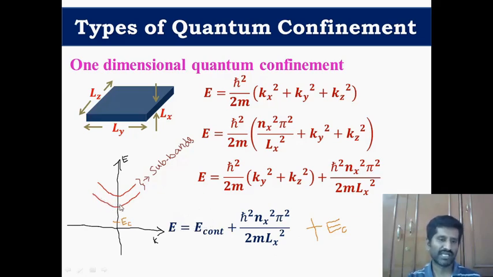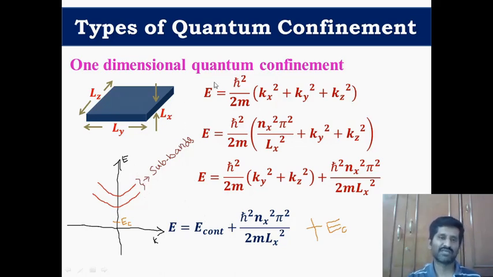So you have one continuous energy band due to the discrete second term. This continuous energy distribution breaks and you have another band, so that instead of one continuous energy band, you have a number of subbands in the case of one-dimensional quantum confinement.